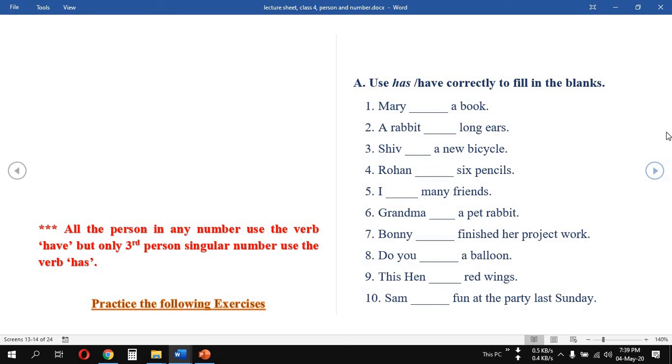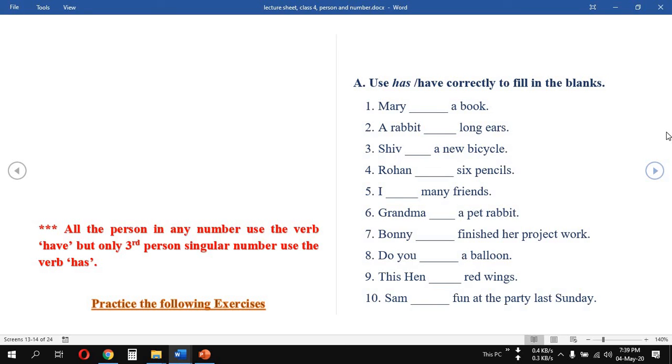So it also takes has, right? So Rohan has 6 pencils. I dash many friends. We all know that except third person singular number, all the number and person use the verb have. So I have many friends.